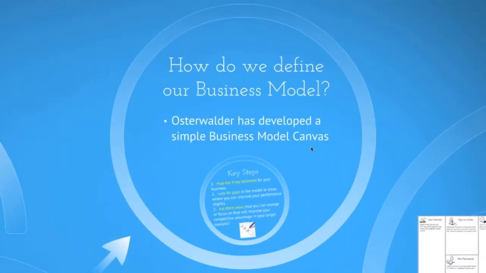Now, a gentleman called Osterwalder has developed a simple business model canvas. This is the tool that I found really useful for helping us design our business model and understand our business models. He's got quite a good book, which is called Business Model Generation, written by Alexander Osterwalder.